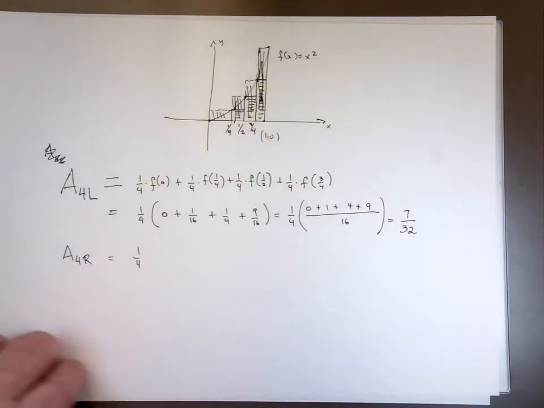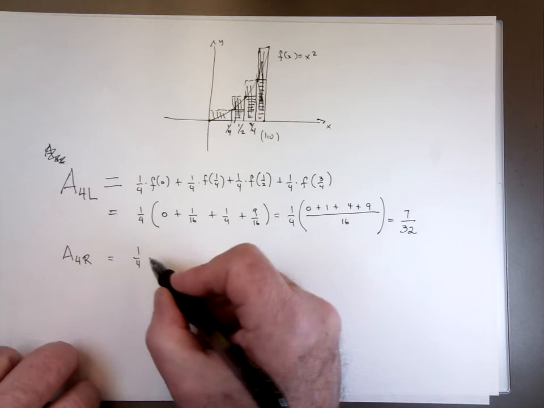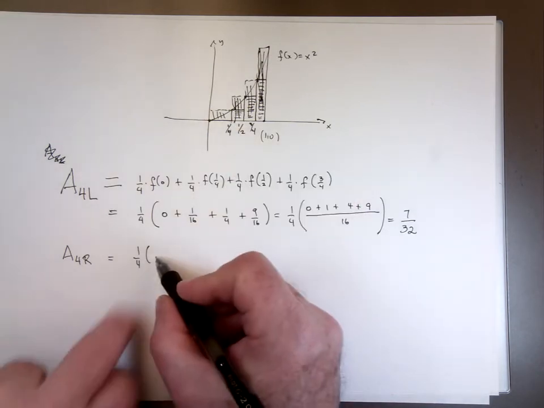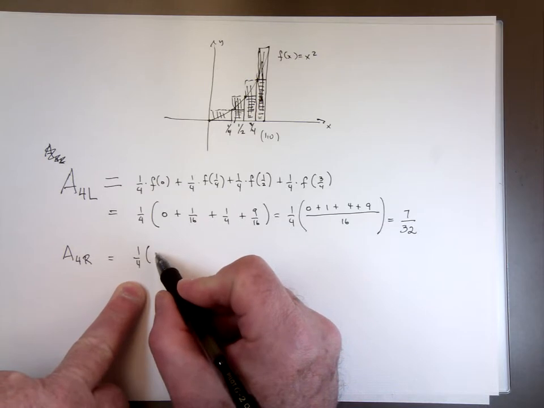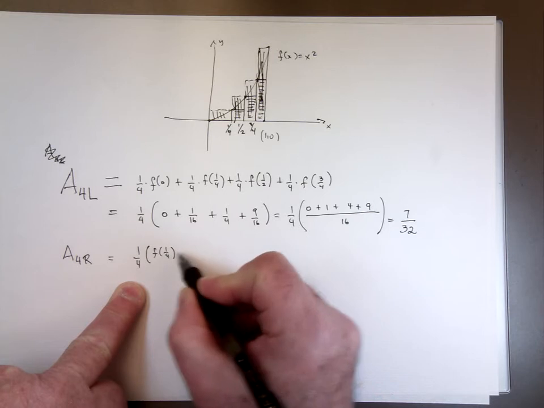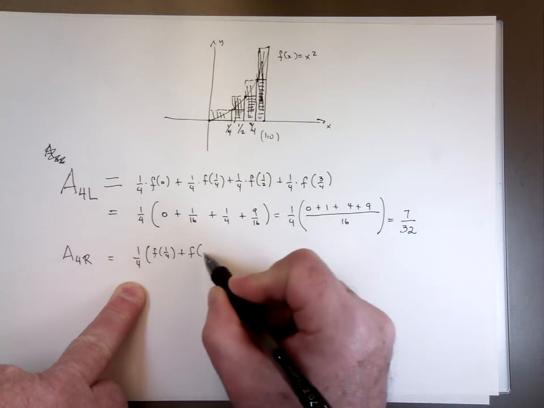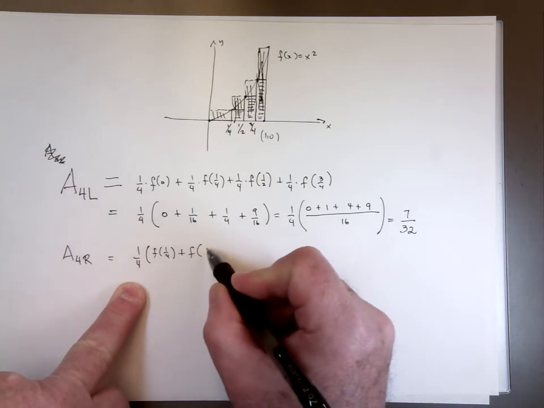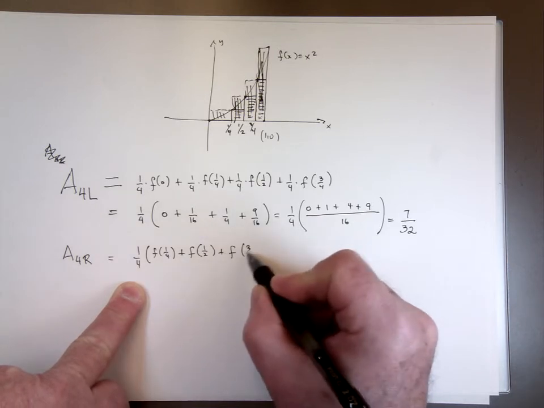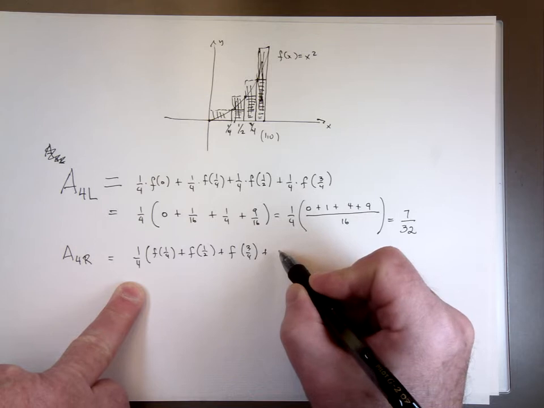All right, so what's my first height when I take right endpoints? f of 1/4, thank you. Just want to make sure you guys are with me. Next one. Thank you very much. Next one. And the next one? f of 1. Very nice.